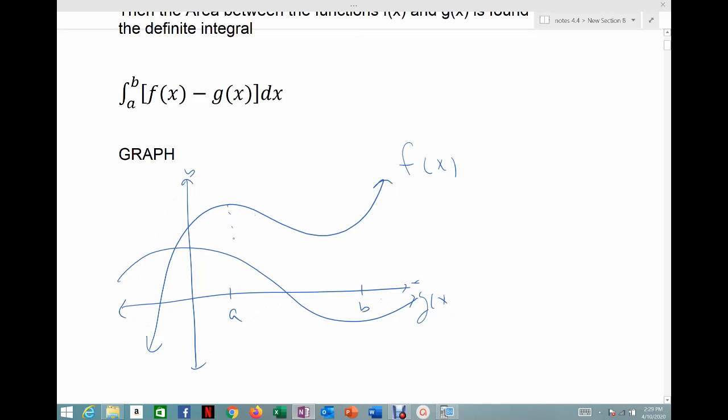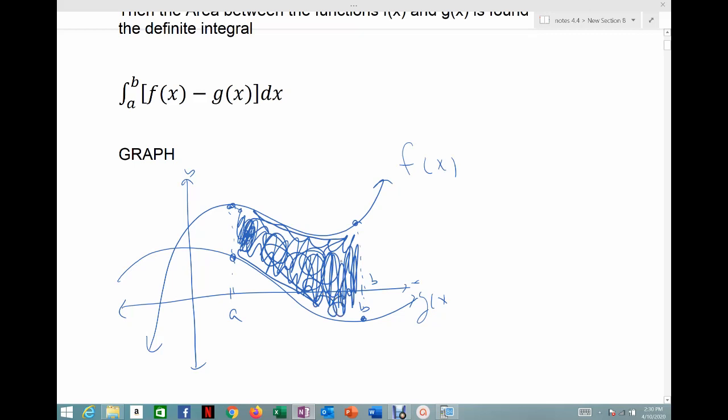So a and b would be my starting and stopping points, and I want the area between my two functions from a to b. So I'm bounded by f of x, the bigger function, and g of x, the lower function. It doesn't have anything to do with my axes right now, the area under a curve and the x-axis.